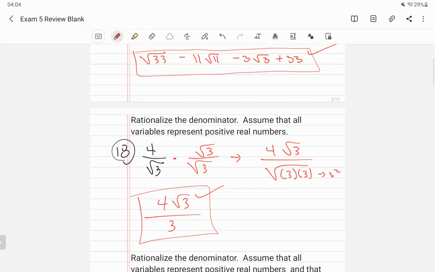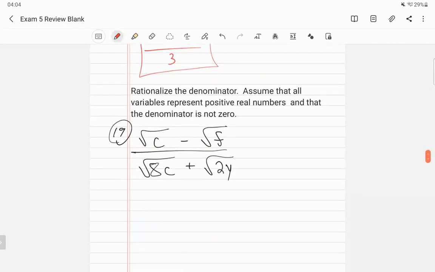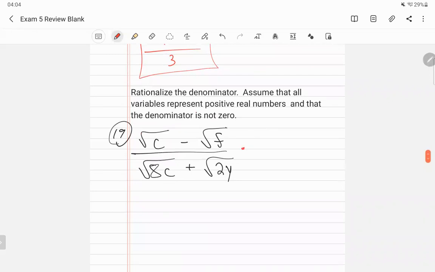All right, so for 19, you're going to have to do a rationalizing with the conjugate of the binomial. So boot method again. Here it's going to be square root of 8c minus the square root of 2y, square root of 8c minus the square root of 2y.